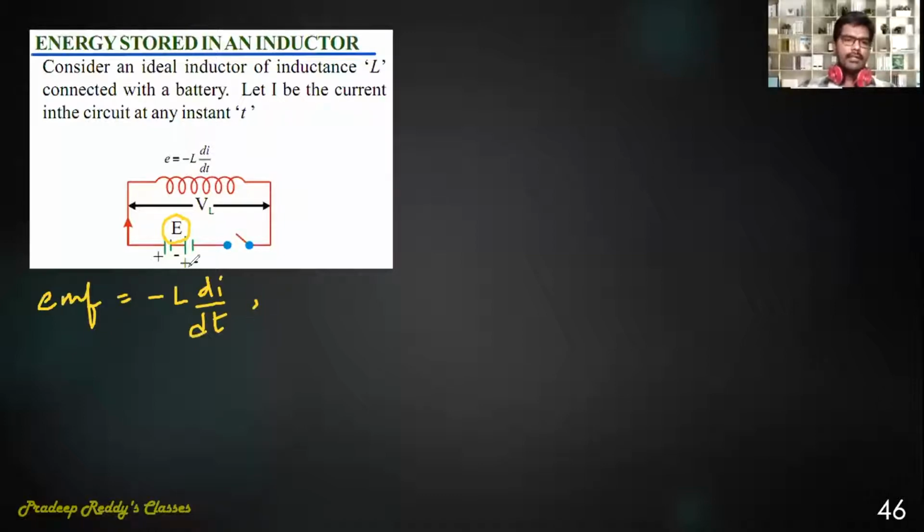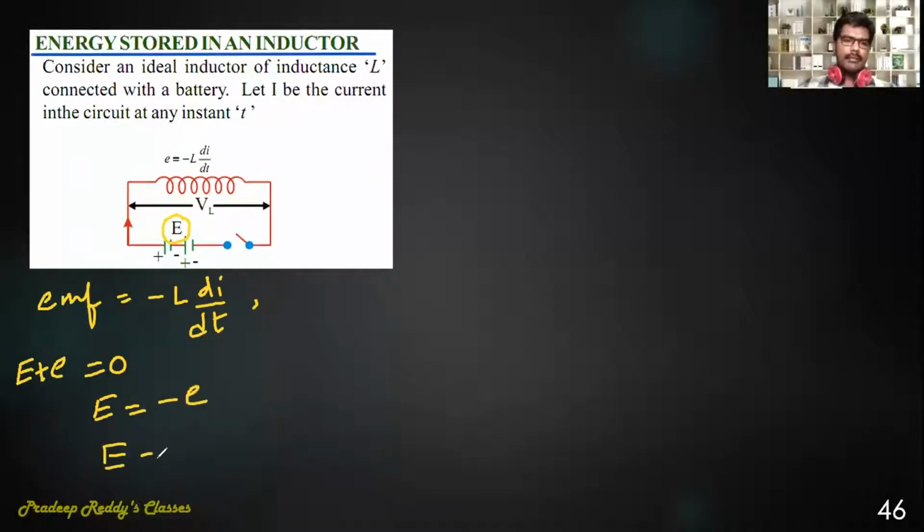As there is only one component here, total voltage supplied should be equal to total voltage dropped. Total voltage dropped is across this inductor. So I can simply write capital E plus small e should be equal to 0, and small e is equal to minus L di by dt.